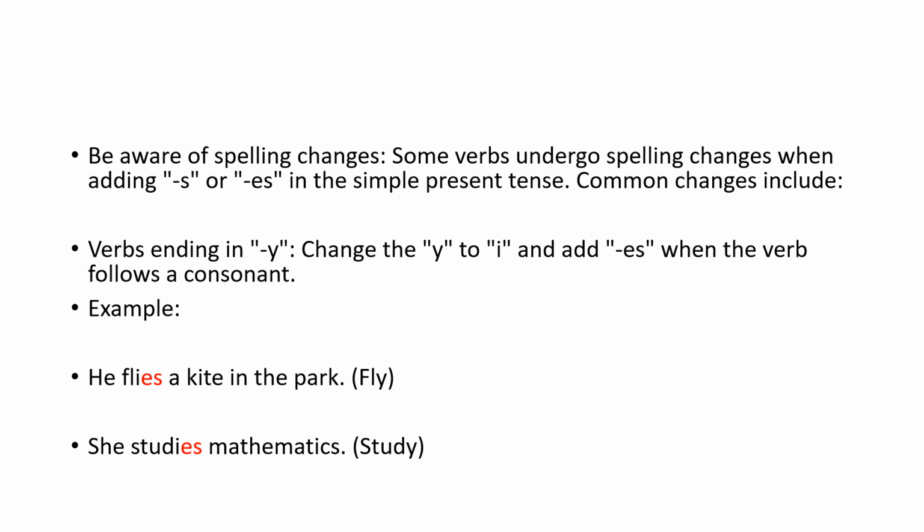It's important to be aware of spelling changes when adding s or es to verbs. For verbs ending in y, we change the y to i and add es when a consonant precedes the y. For example, he flies a kite in the park and she studies mathematics demonstrate how spelling changes occur in these cases.